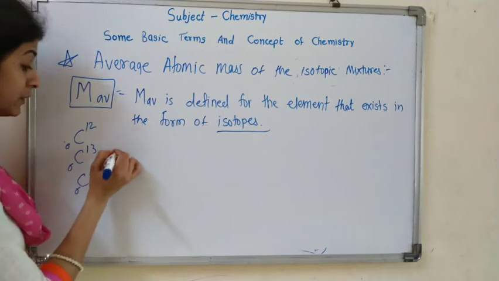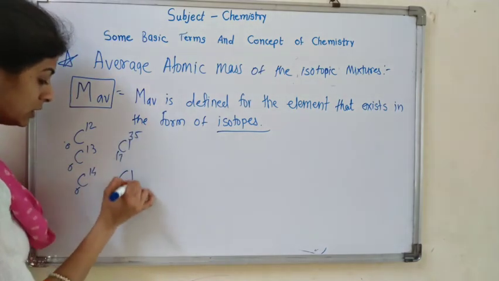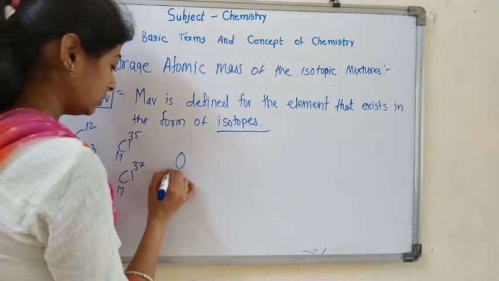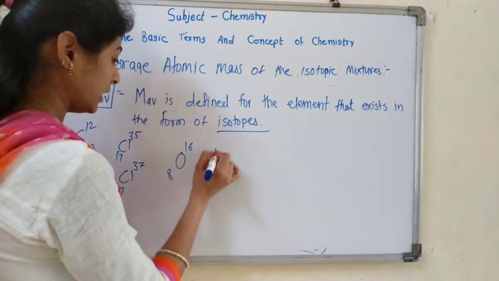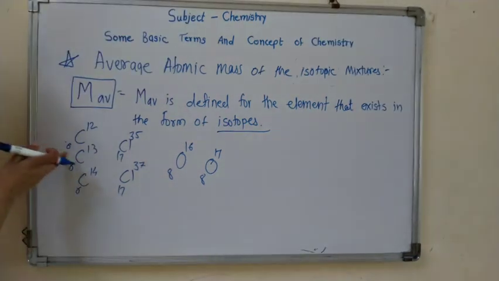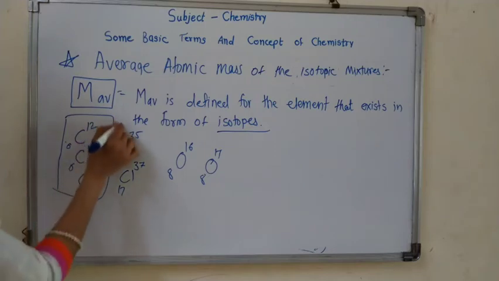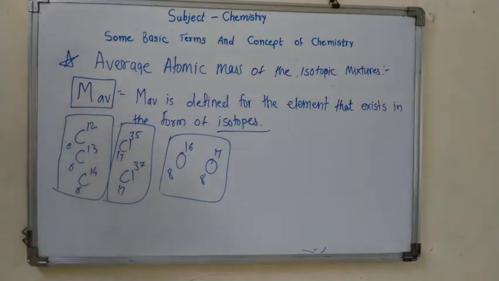Next, Cl-35, Cl-37. Oxygen-16, oxygen-17. These types of elements show isotopic forms. Okay, for that type of elements you have to calculate the average atomic mass.